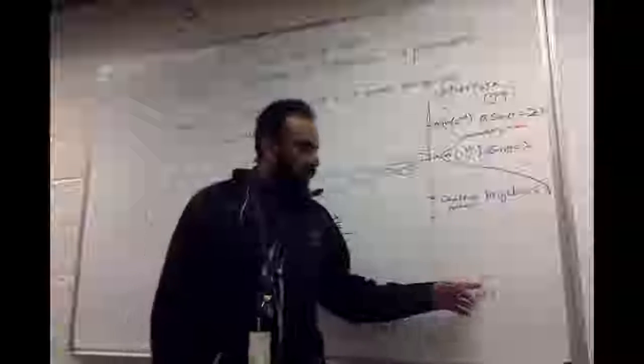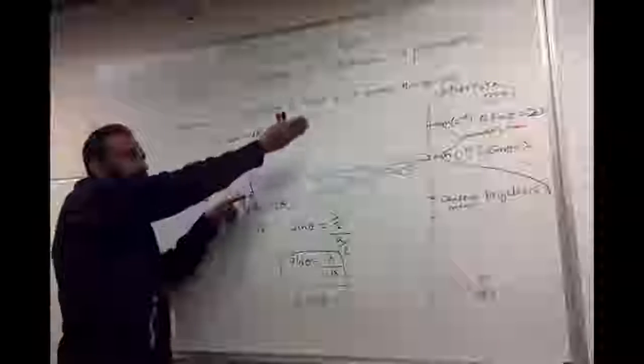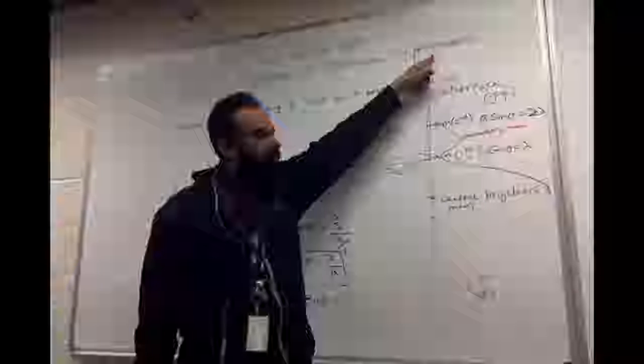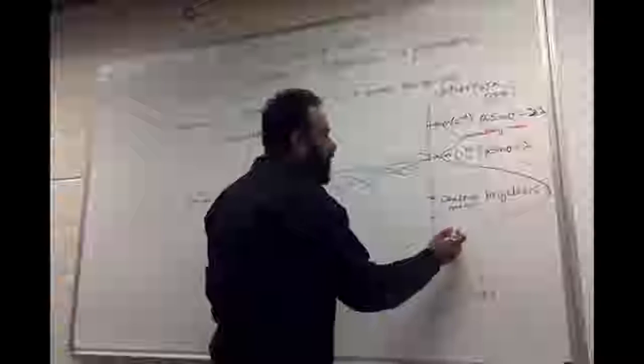Intensity is power over 4 pi r squared. So the further away you go, intensity becomes weak. That's why the further away from the slit you go, it gets weaker and weaker. You can see the intensity is falling off. And this happens on both sides.